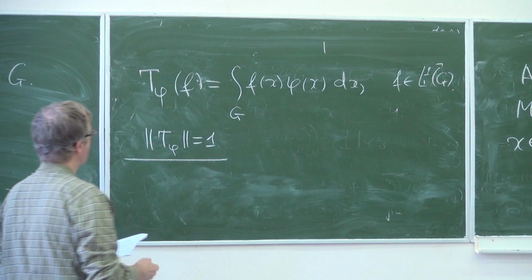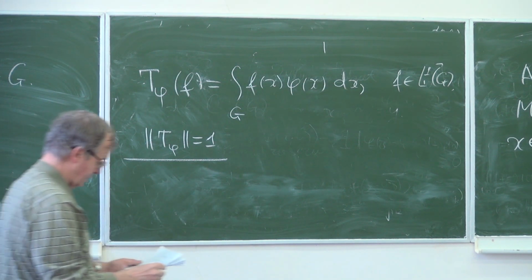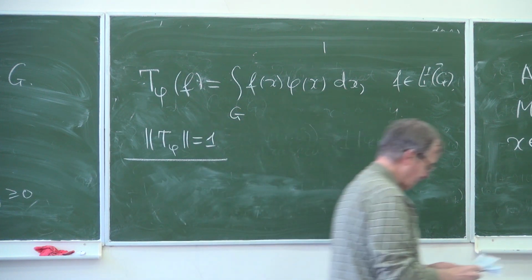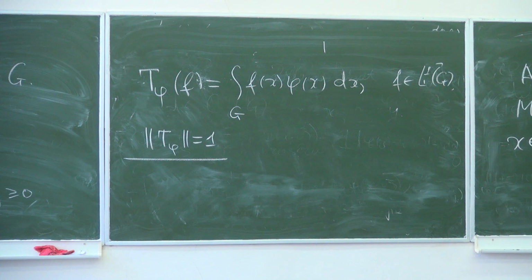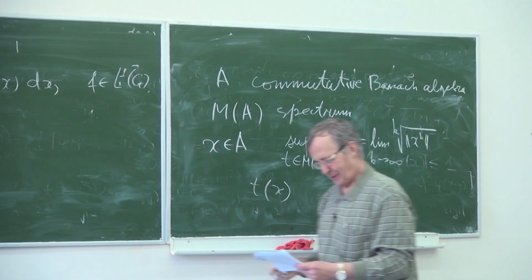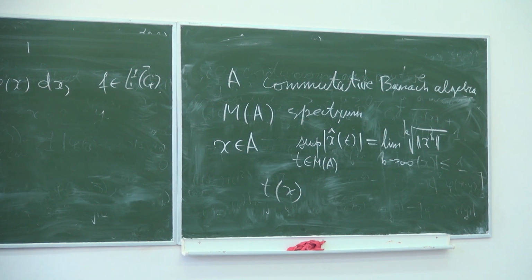Here is a functional, and we should prove some estimate for it in terms of the spectral norm, in terms of this guy. So let's introduce the following notation.